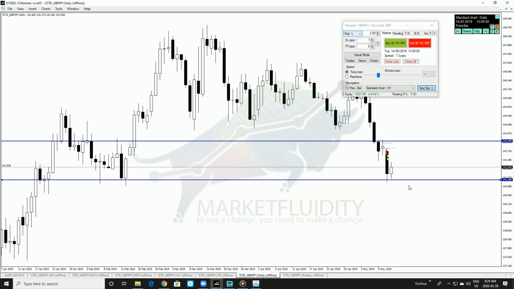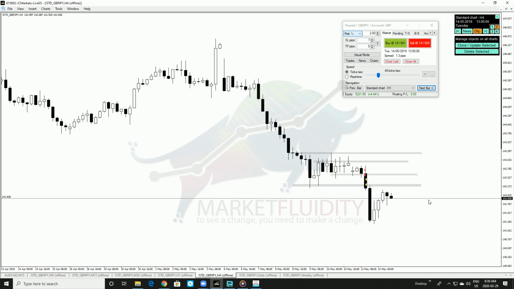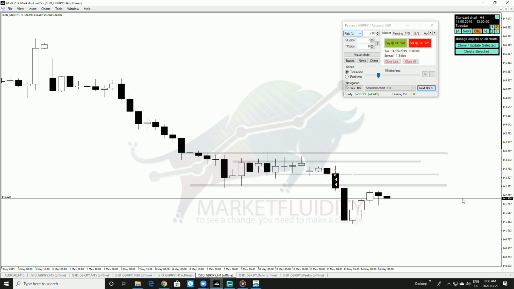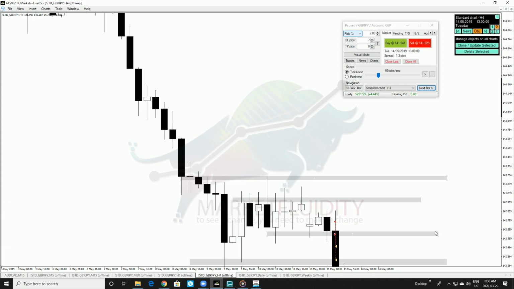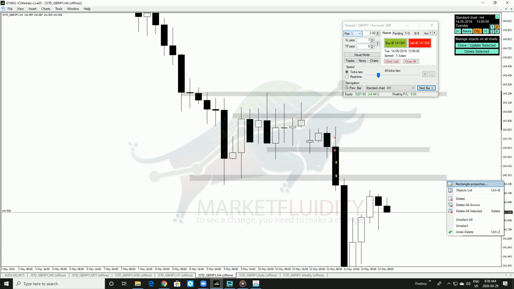So looking at the, wow, daily actually came down to that support. Wow, what a move on the daily. Jesus, 150 pips. Perfect. So looking at the 4 hour, this is the pre-New York we're coming into, we're probably going to remove all this here.